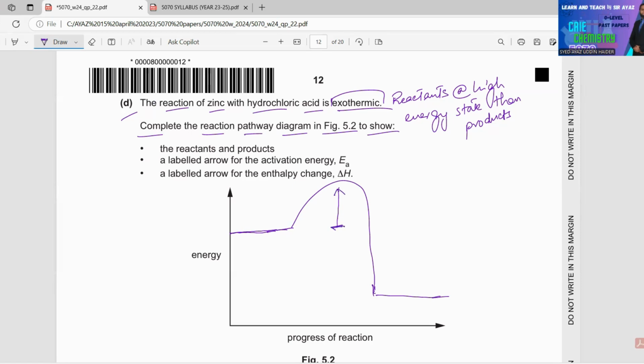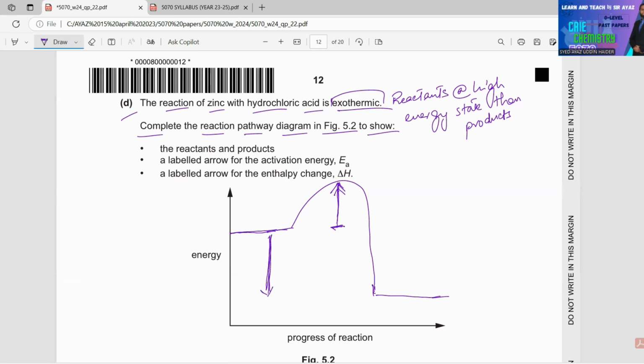It's going up. Remember, for activation energy, the arrow must be going up. And as the energy is released, exothermic means energy is released to the surrounding, and product is at the low energy state. So the energy difference between the reactant and product must be shown in this way. Change in energy between reactant and product.